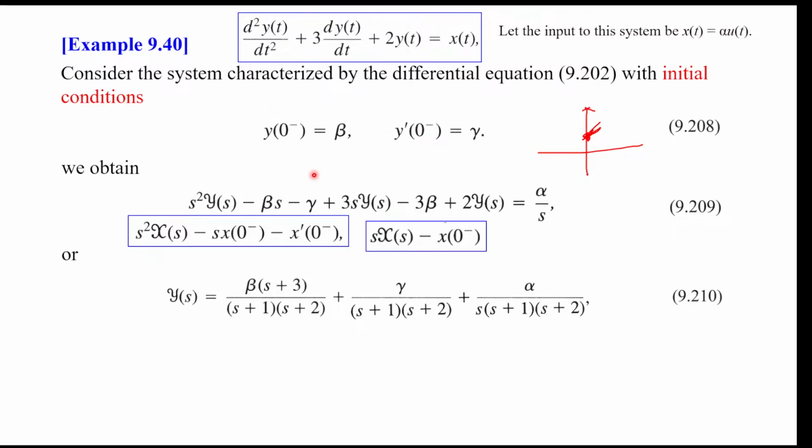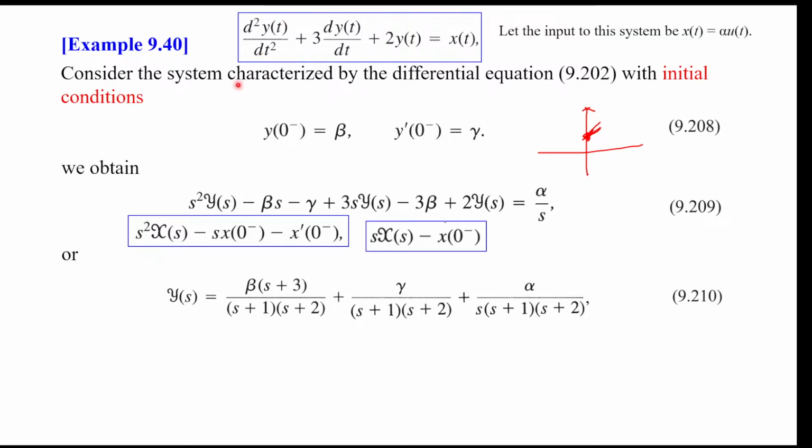Anyway, if you have initial conditions starting from 0, so you have our output being some value at 0 and the derivative of the output being some value at 0. So this beta and gamma, together with this differential equation, is an initial value problem. So you have the initial values and the differential equation, and you ask: you have some input, what's the output? And we see that this can be done with the unilateral Laplace transform together with this differential property.